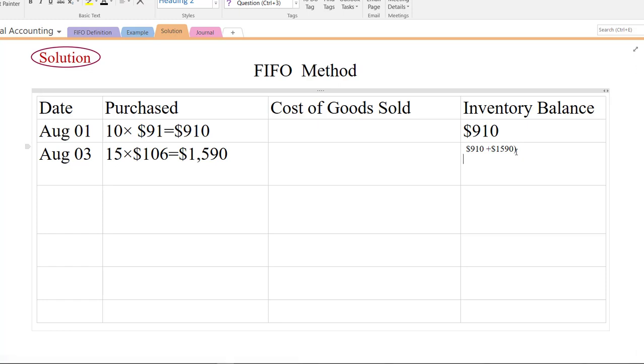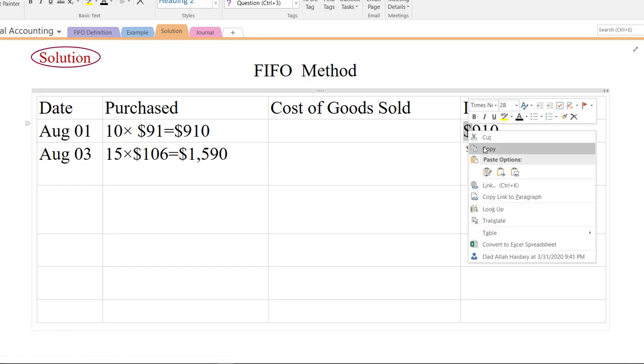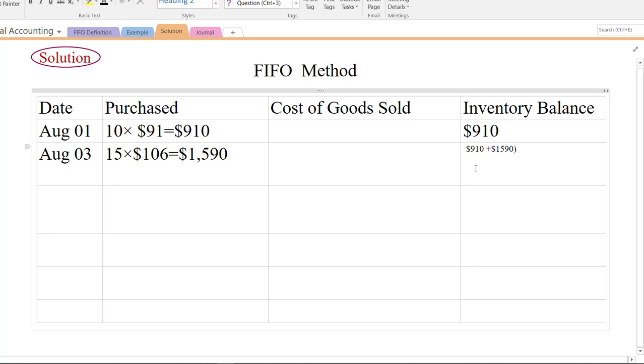Now I'm requesting every one of you students, you should have pen and paper with yourself, that you can add it, right? So 910 plus 1,590 is equal to 2,500 USD.